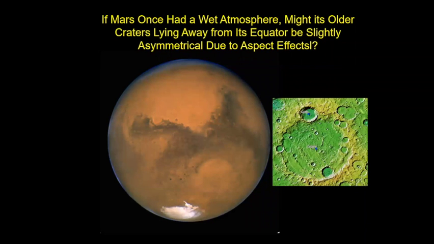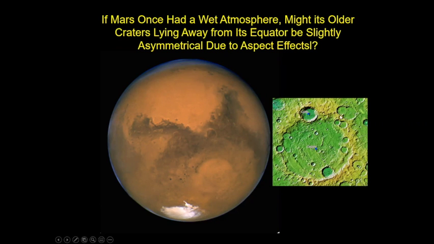So is there evidence for aspect-driven erosion on Earth? There might be other applications of this. If Mars once had a wet climate, and some of the craters that developed there date to that time period, perhaps some of the craters on Mars are asymmetrical. They're not circular, but they might be slightly elongated.